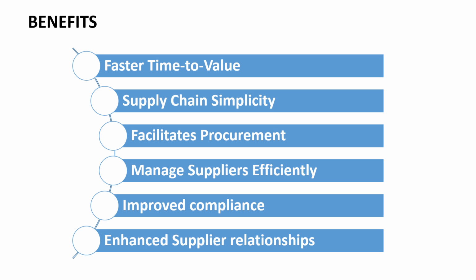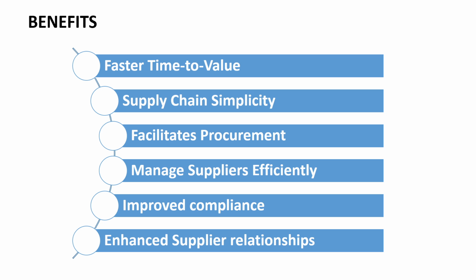It means the platform enables effective supplier management by offering tools for supplier evaluation, performance tracking, and relationship management, and it simplifies collaboration with suppliers. This is the fourth benefit of SAP Ariba.